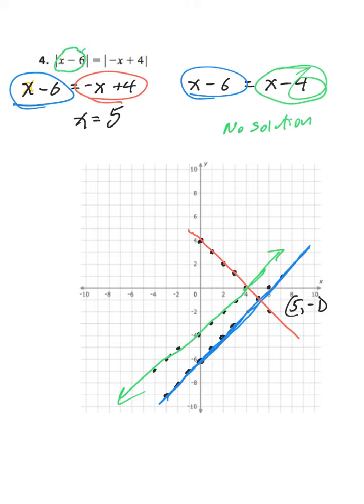What's inside here can equal a positive value of what's inside here, or it can be equal to a negative value of what's inside here. So x minus 6 could equal the positive value, which is just minus x plus 4, or the opposite, which over here is positive x minus 4.